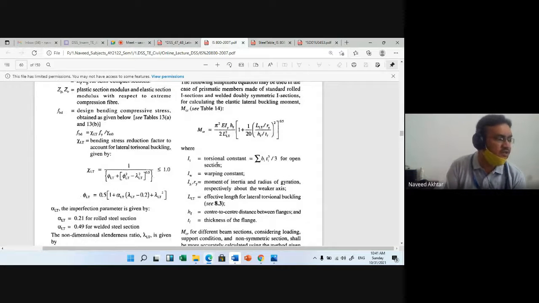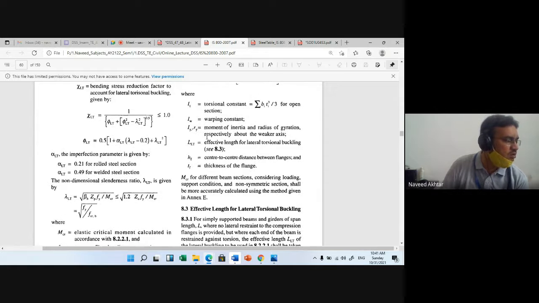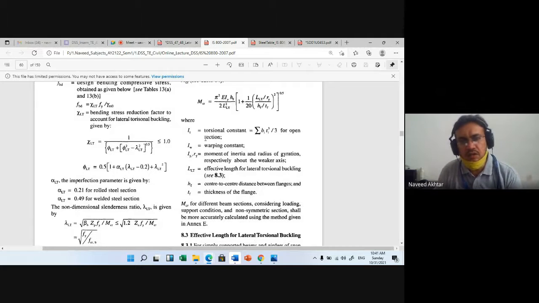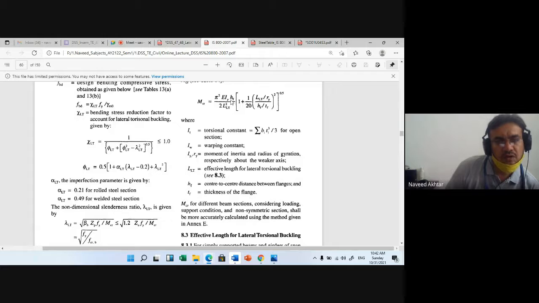So I will write down the MCR is given by this formula, divided by LLT square, 2 into LLT square, plus 1 plus 1 by 20 into this.